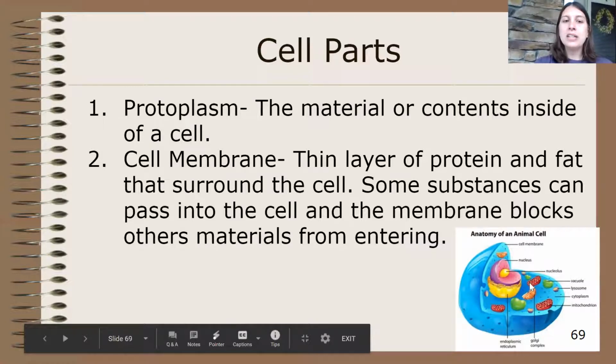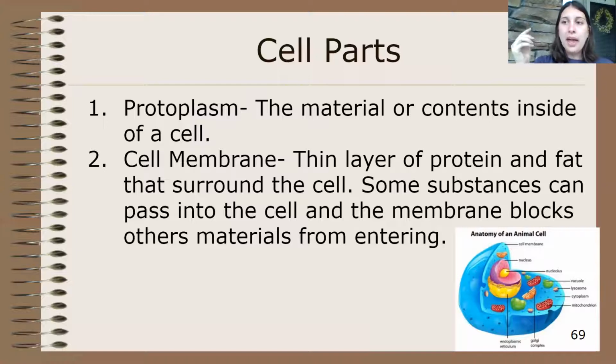It's the material and content inside of the cell. And the cell membrane is what holds all of that stuff together. If you got yourself a nice little Jell-O cup, that cup symbolizes the cell membrane. It holds the Jell-O in there.